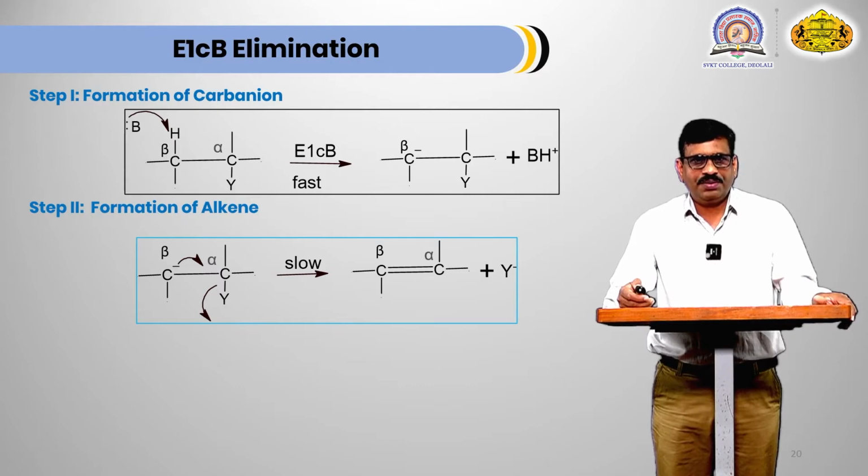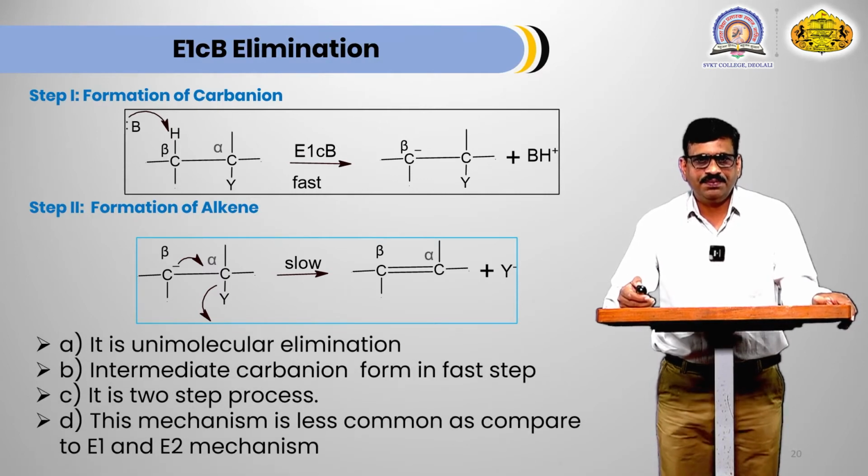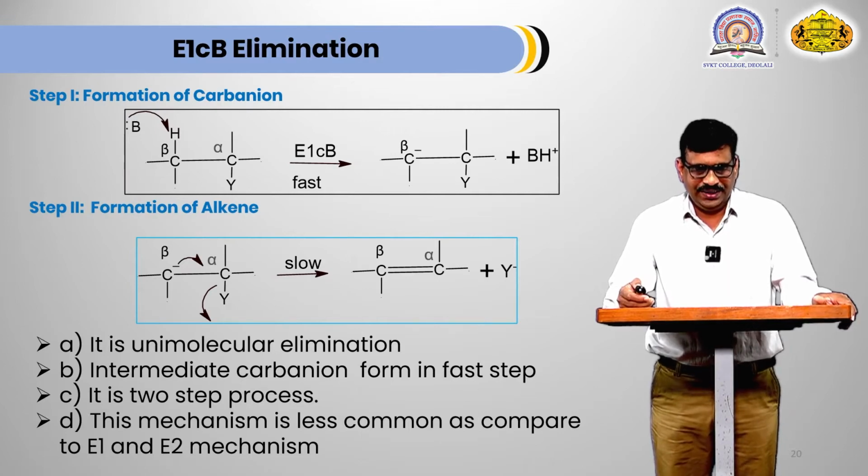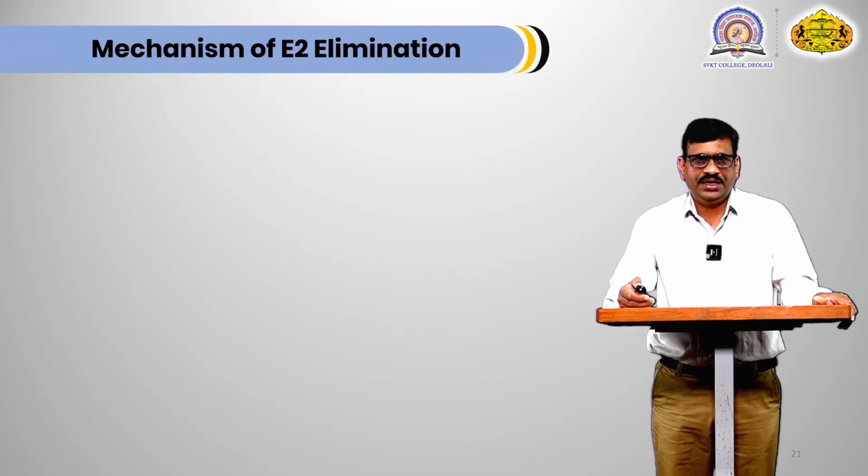Abstraction of the proton by the base takes place in the first step. That's why its rate depends only on the concentration of the substrate molecule. It does not depend on the concentration of base. The intermediate carbanion forms in the first step. It is a two-step reaction. The mechanism is less common as compared to E1 and E2 elimination.